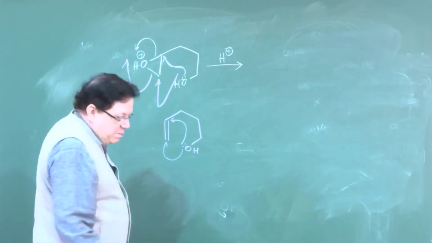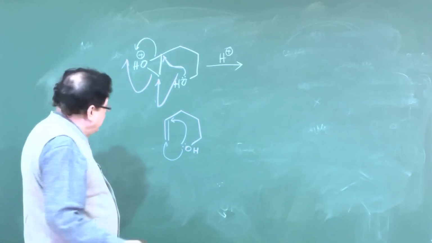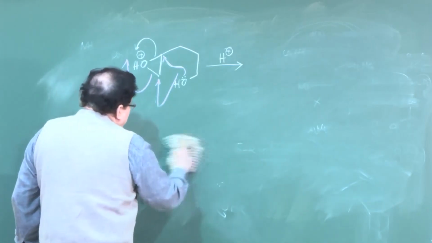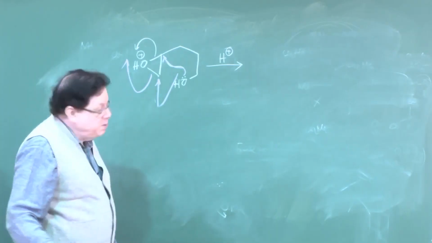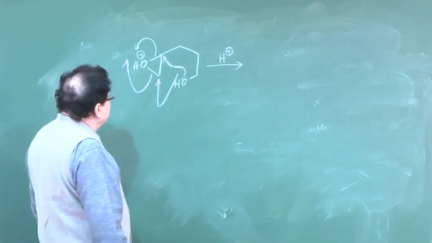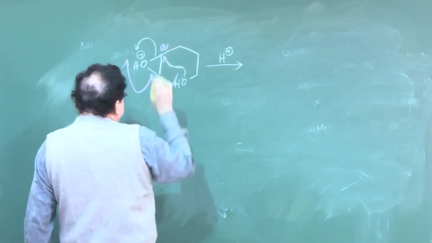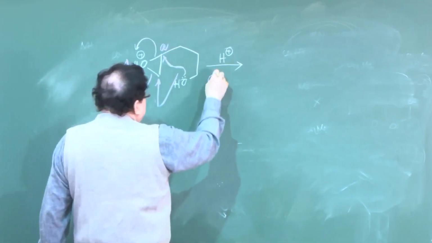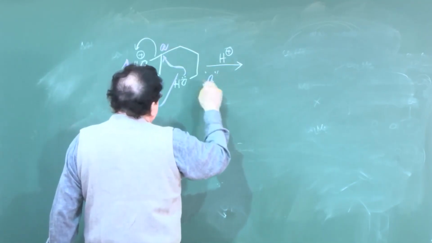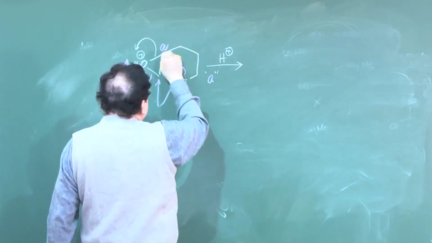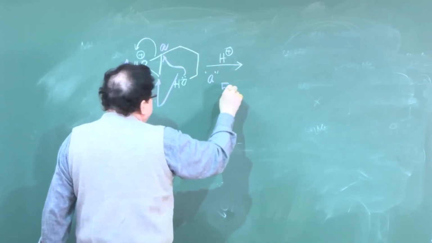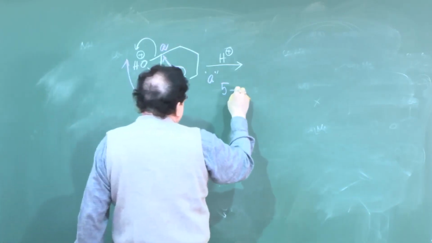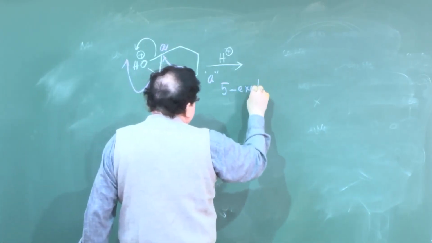So, by that analogy you can give a terminology for this reaction. When it is attacking this carbon, you are making 1, 2, 3, 4, 5, that will be 5 exo-tet.